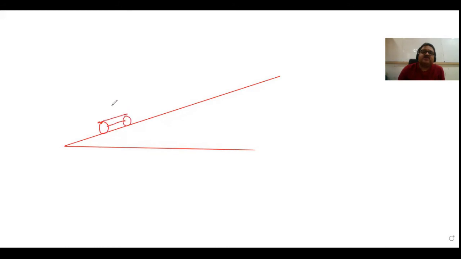It is open in air and he is moving up with a speed of, say for example, 50 kilometer per hour. And the angle of inclination of this inclined plane is given as 37 degree.